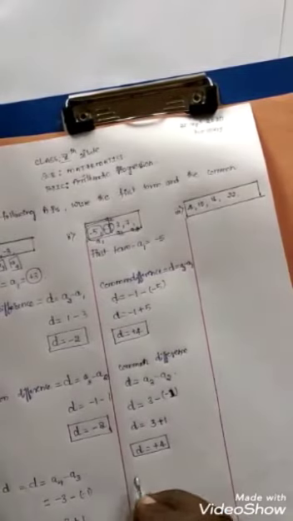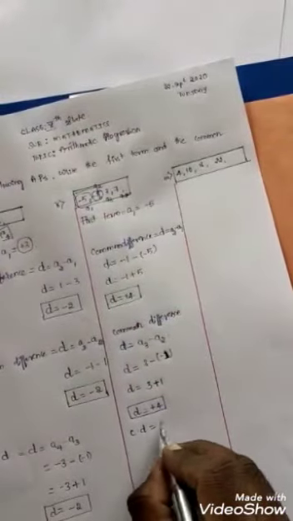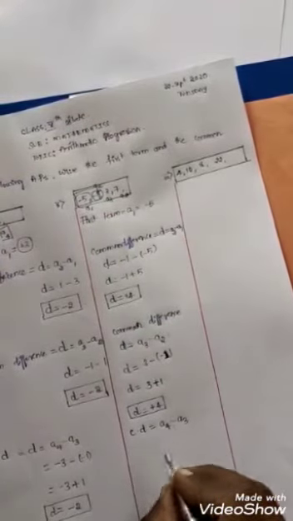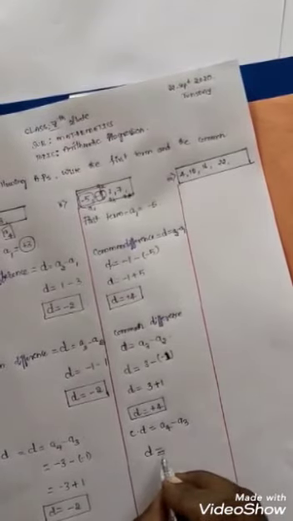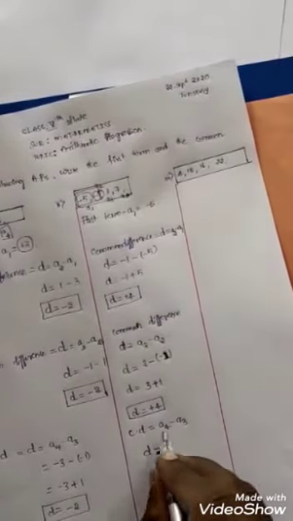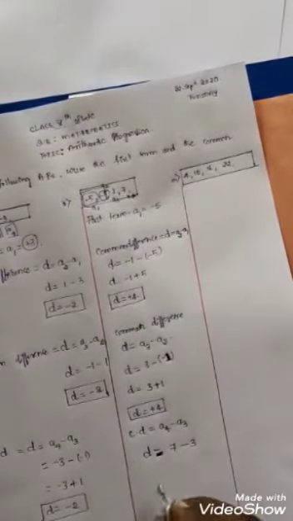Similarly, again we find the common difference between A4 minus A3. So d is equal to A4, which is 7, minus A3, which is 3.